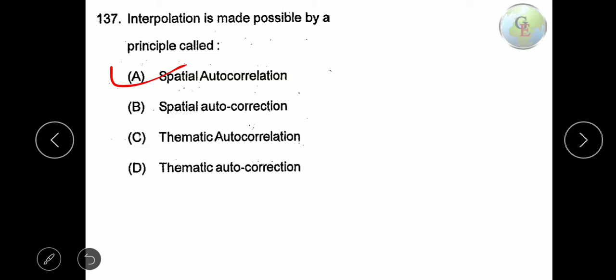Interpolation is a statistical method by which related known values are used to estimate unknown price or potential yield for a security. So by using known values, we have to derive these unknown values. That is interpolation. Sorry, here I have given some wrong answer. Here the answer will be spatial autocorrelation, not autocorrection, and the answer will be option B.